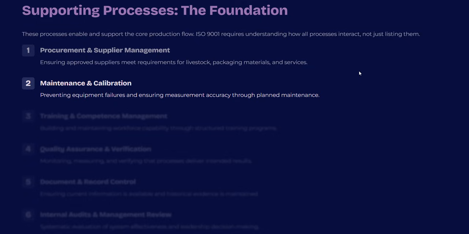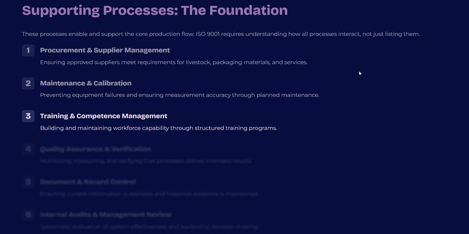The second process, maintenance and calibration, preventing equipment failure and ensuring measurement accuracy through planning and maintenance. Third step, training and competence management, building and maintaining workforce capability through a structured training program. We have fourth step, quality assurance verification, monitoring, measurement, and verifying that all processes deliver intended results.